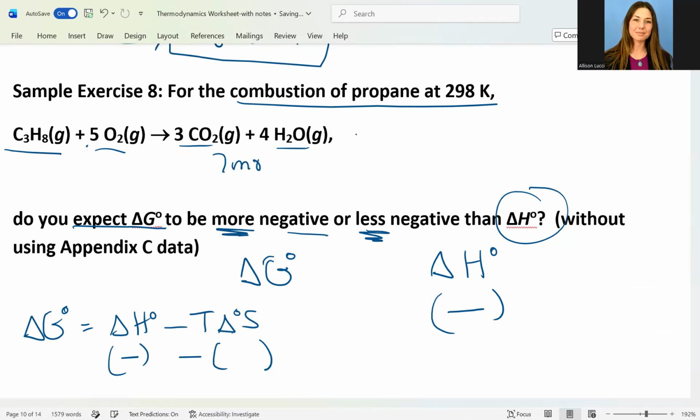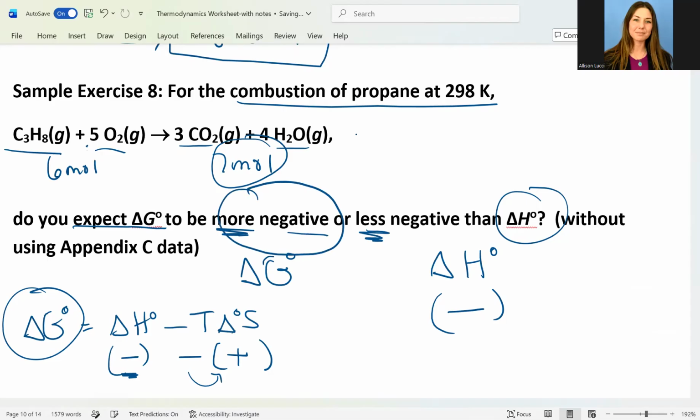We have 7 moles of gas on the product side, but only 6 moles of gas on the reactant side. Since this is a larger number, we would expect an increase in entropy. And then if we just plug in a positive value and subtract that, we know that this negative value will get more negative. So delta G will be more negative than delta H, being told that this is combustion and an exothermic process, and then we have an increase in entropy, so positive delta S.